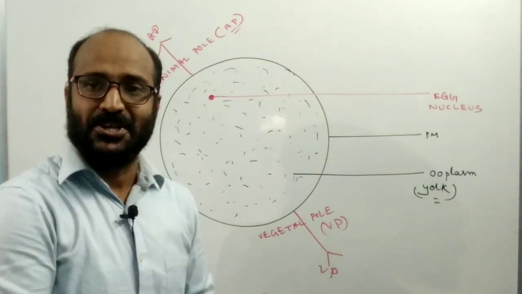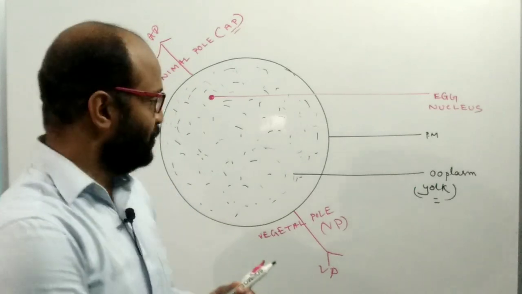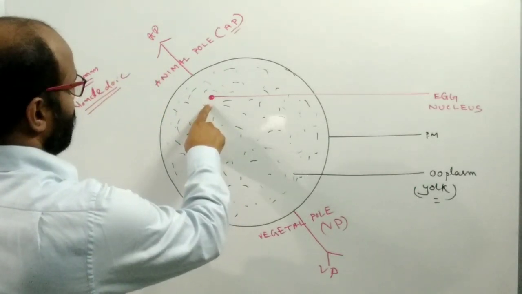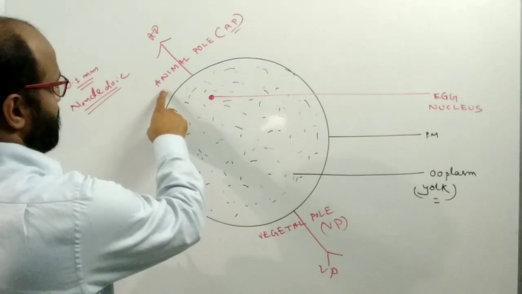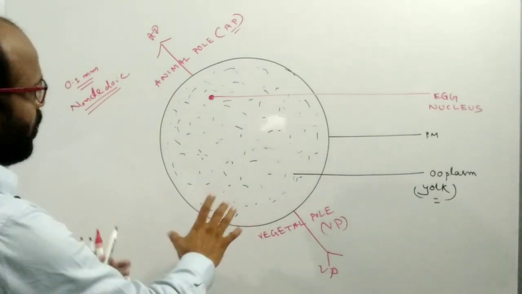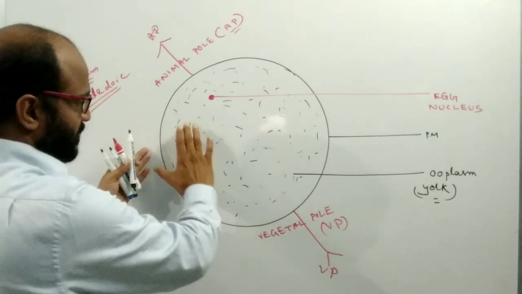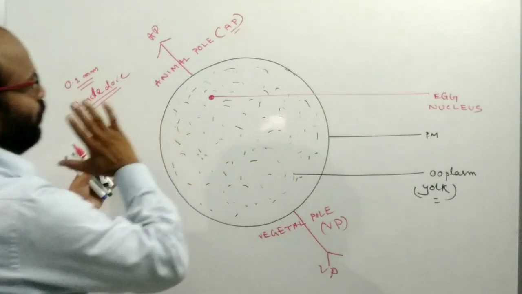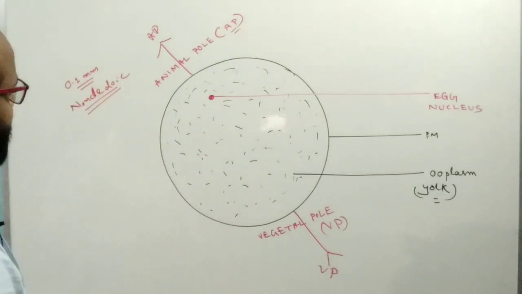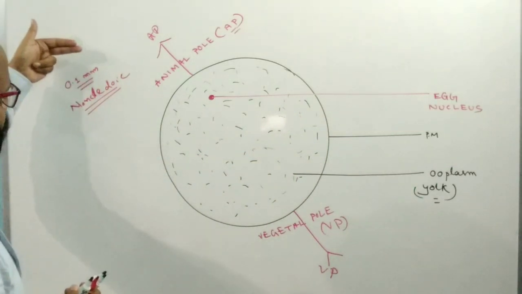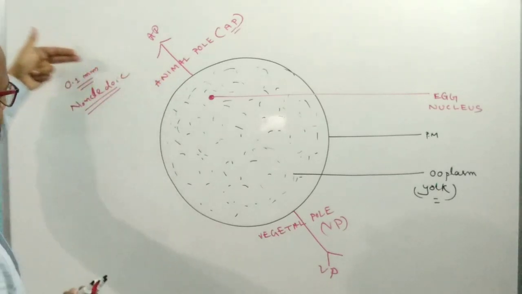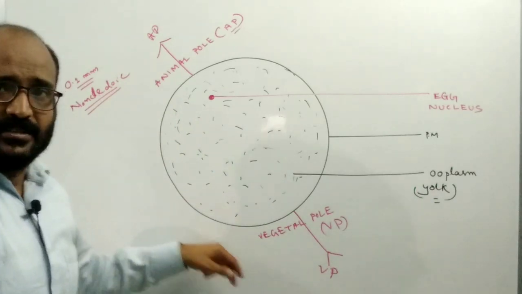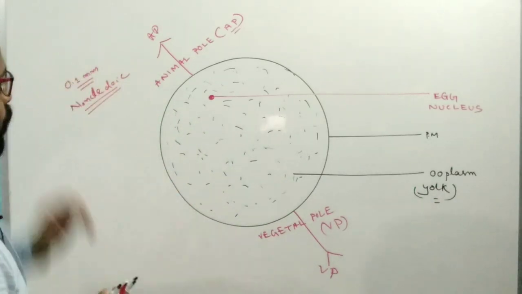In general, yolk is accumulated at the site of the vegetal pole, and the entry or fusion of sperm takes place at the site of the animal pole, not the vegetal pole.